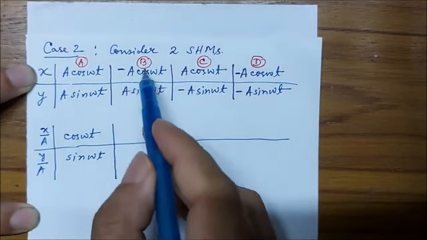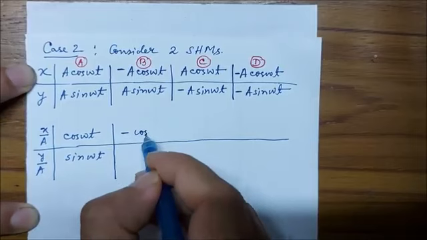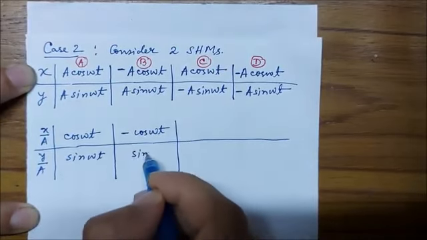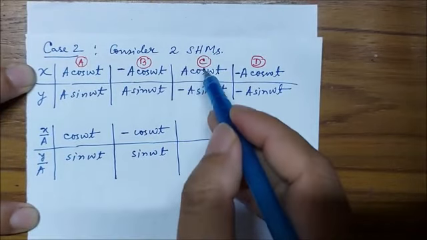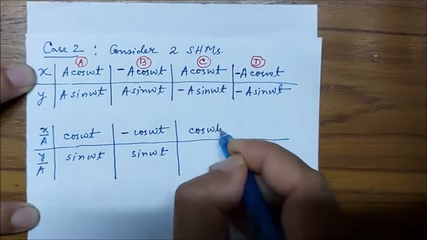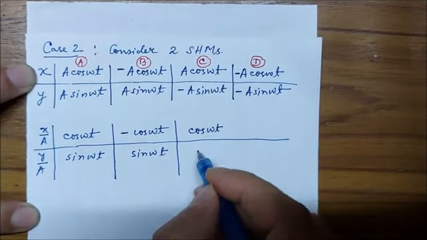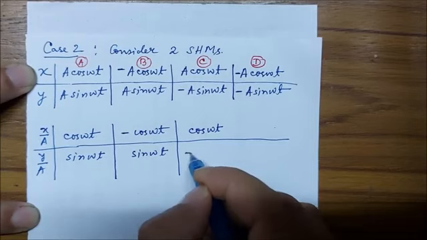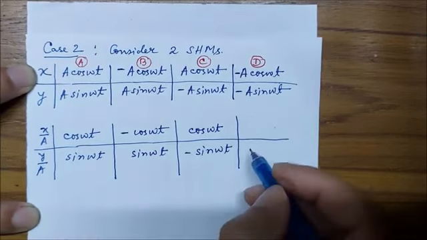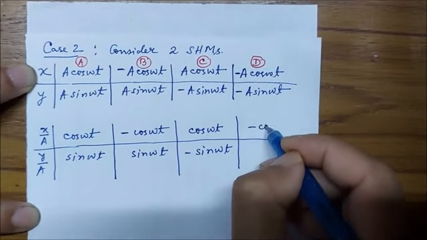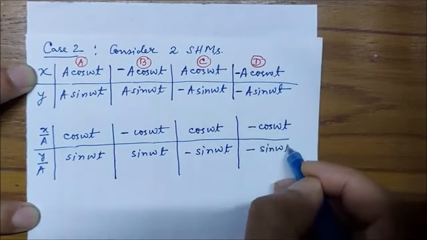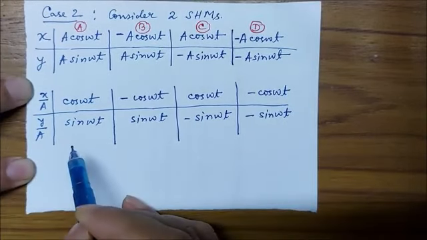For case 2b we have minus cos of omega t, and for y we have sine omega t. For case 2c we obviously have x by a as cos omega t and y by a as minus sine omega t, and the last option is minus cos omega t, minus sine omega t.